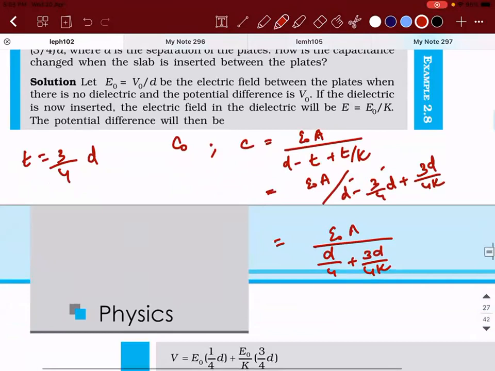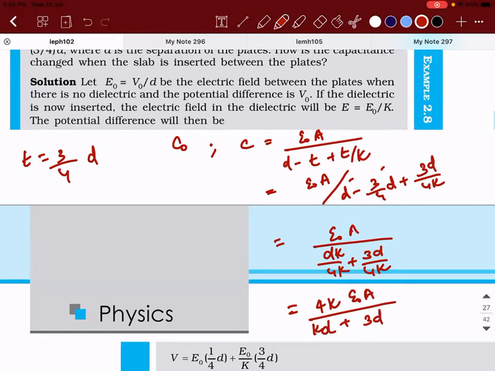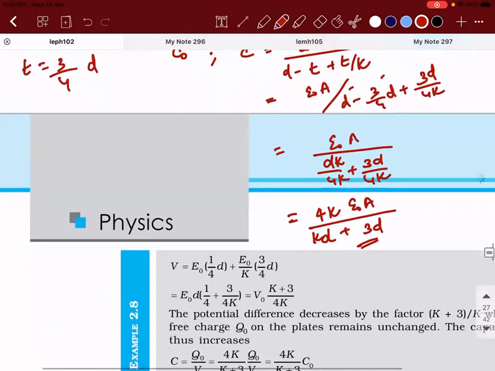So what is the LCM? I can multiply with kappa here and here. So I will take that 4 kappa to the numerator: 4 times kappa into epsilon naught A divided by kappa times D plus 3D.